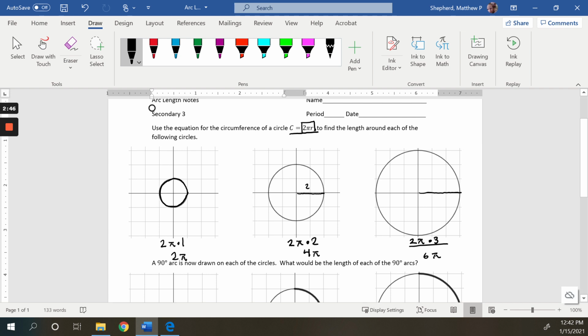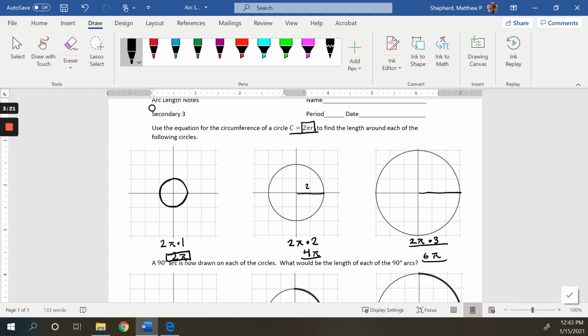Now, one thing I want you to notice is the relationship from the unit circle measurement to the other measurements. So the unit circle measurement for the full circumference is 2 pi. When we go up to a circle that is twice as big, that goes to 4 pi, or in other words, just twice as much. If we start from the 2 pi and then go to a circle that's 3 times bigger, 2 pi times 3 would be 6 pi.